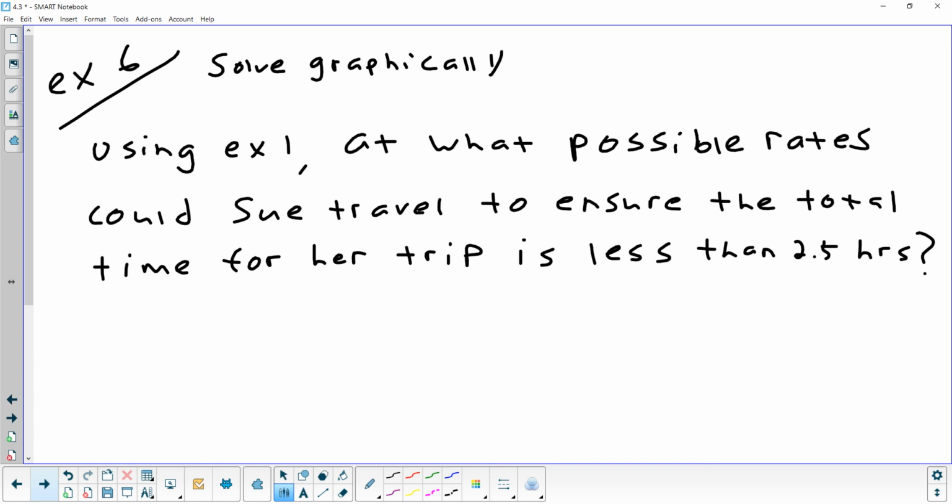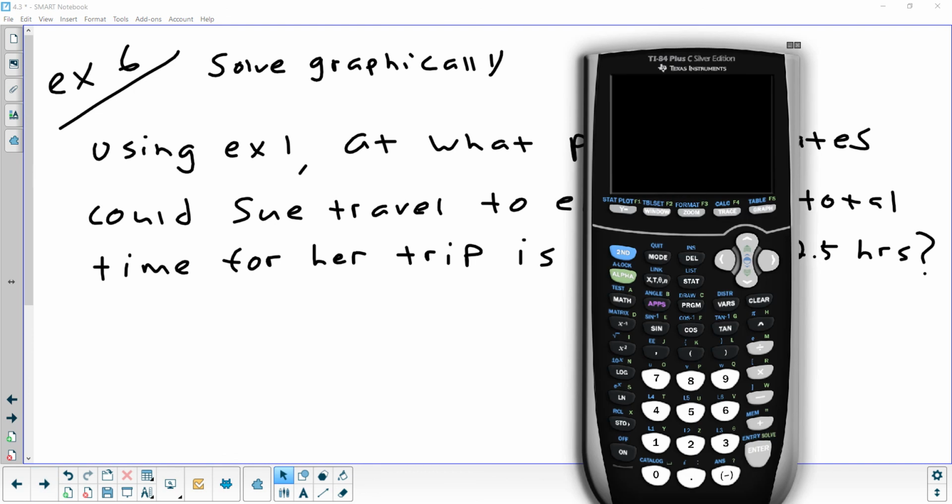Yep. This is an inequality. So to complete a trip in a certain amount of time or less, you have a minimum speed you have to travel at, or more, and you will be guaranteed to complete that trip in that amount of time or less.